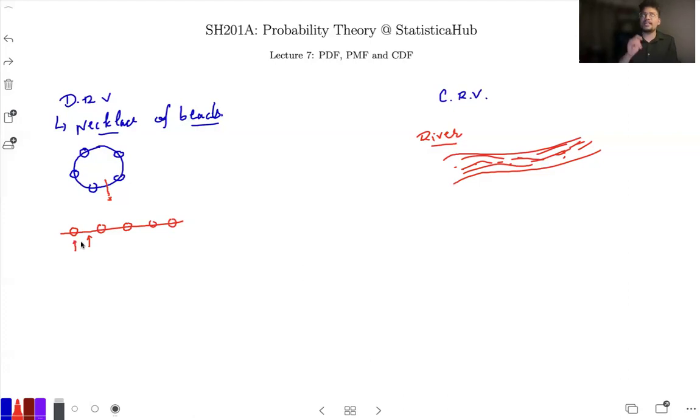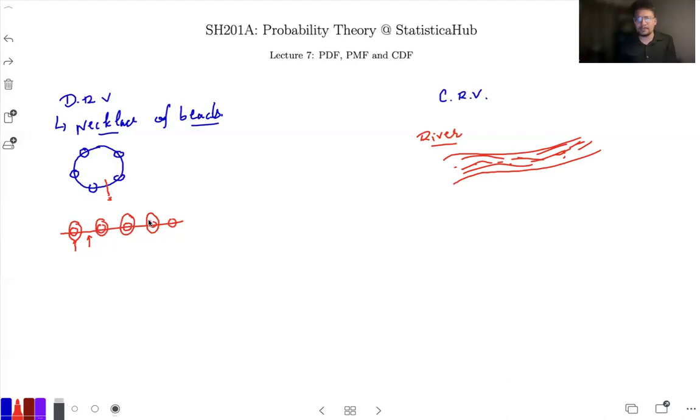That means the chance of getting a bead is not defined at every place. It is only defined at certain points where the beads are available. That is the point of discreteness. For discrete random variables, the probability is defined only at certain particular values or points where the random variable X takes its values. At the places left out apart from these distinct points, the probability function will come out to be 0.